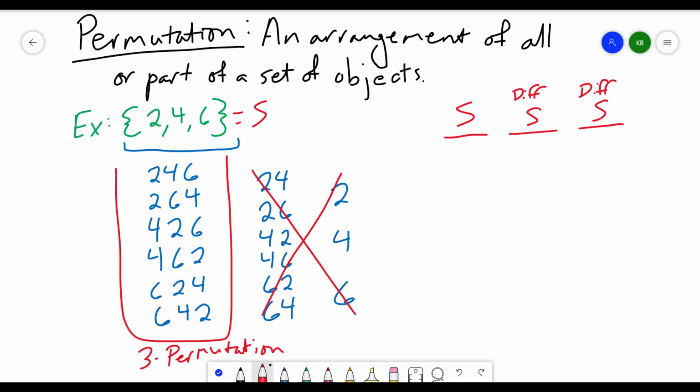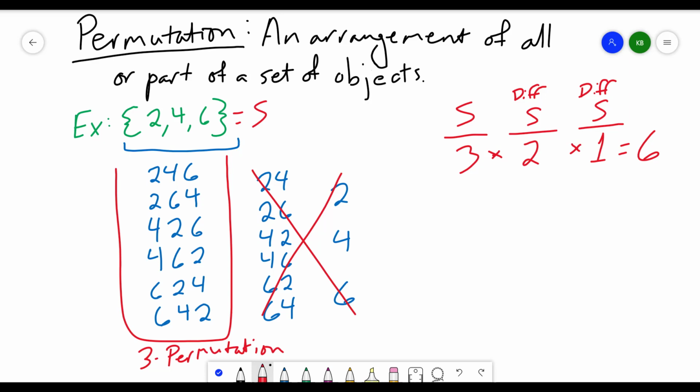So if I think about how many there are, well, I have 3. And then a different one, there's only 2 left. And a different one, there's only 1 left. And so I multiply those together, and I get 6 possible outcomes, 6 possible permutations.